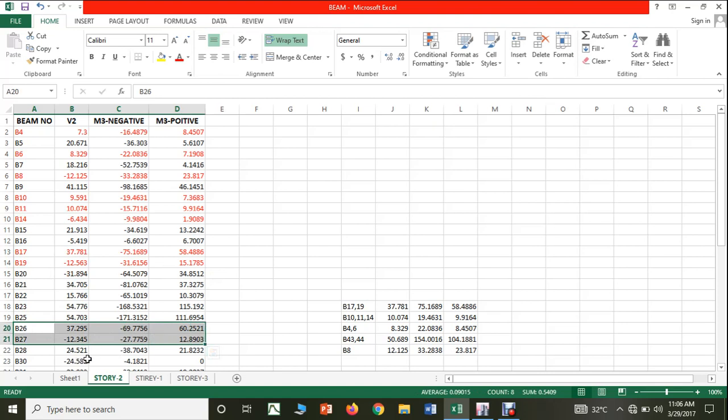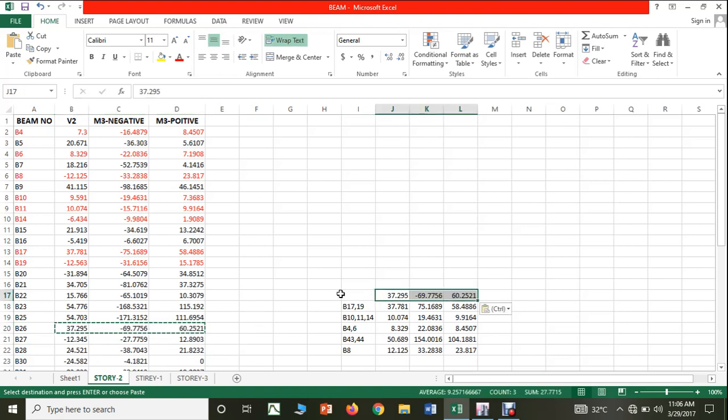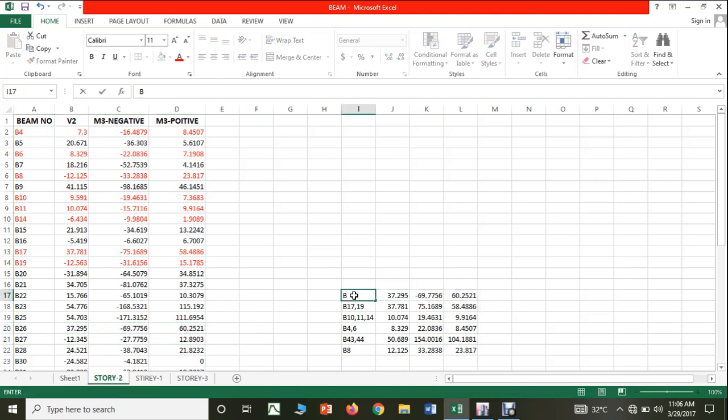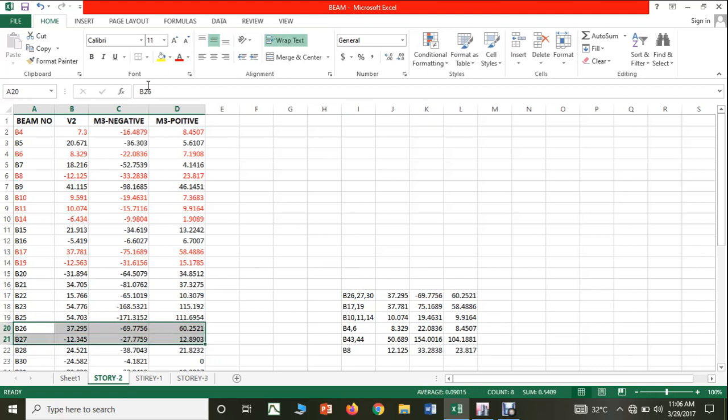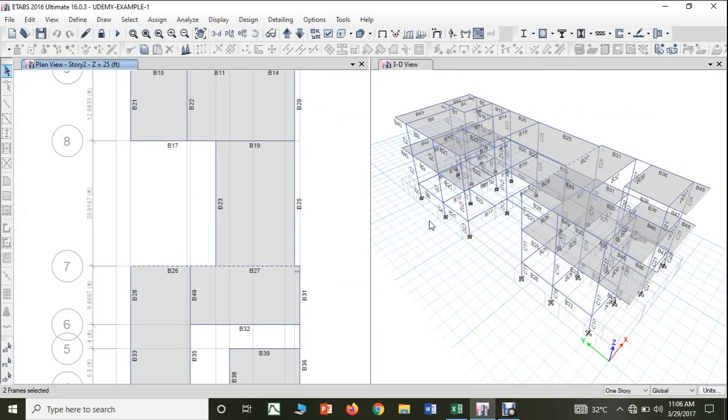One more is 30 here, so I can go to this 26, this will be the highest one, therefore I can provide this for beam 26, 27, 30.